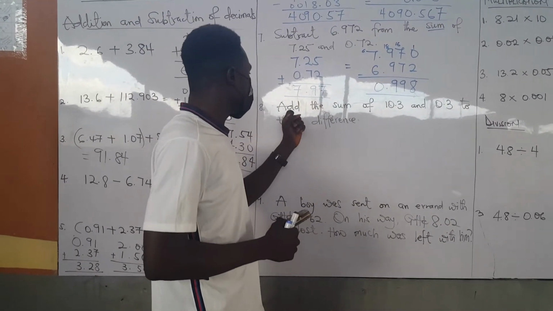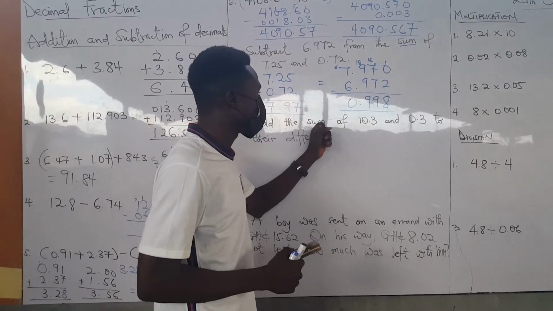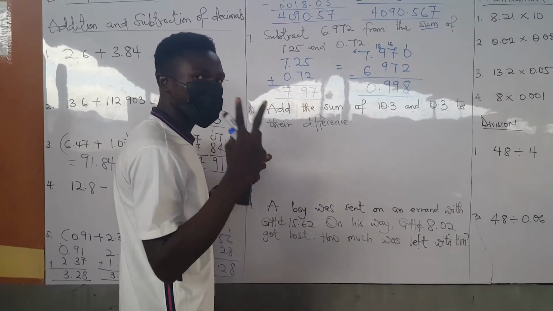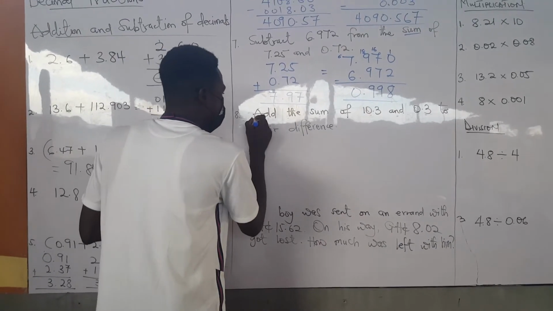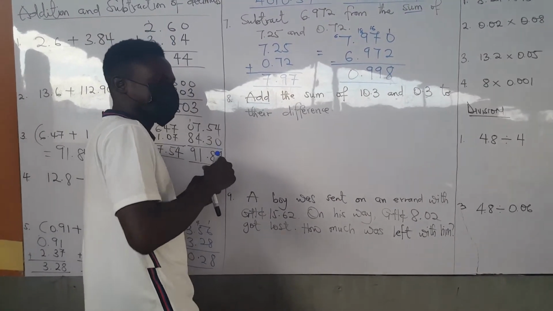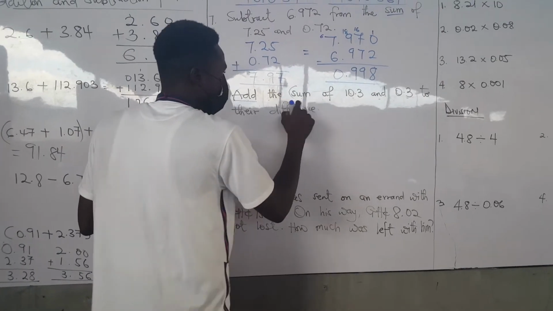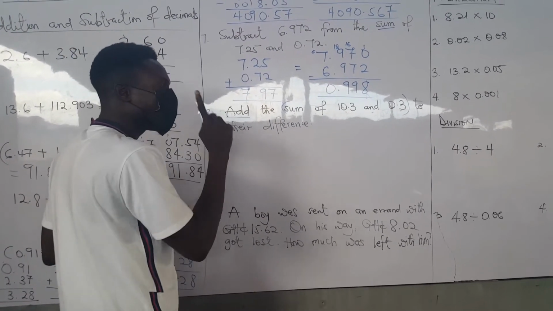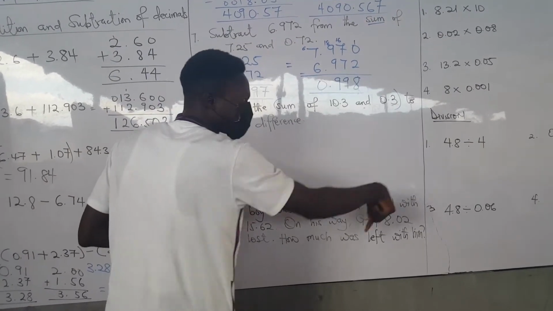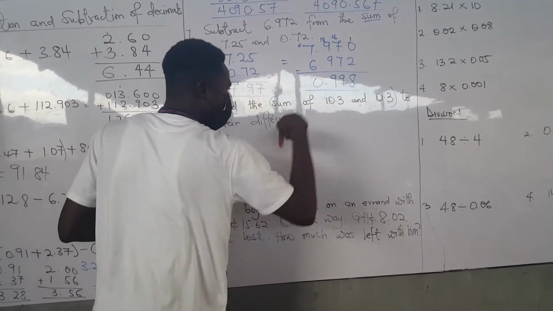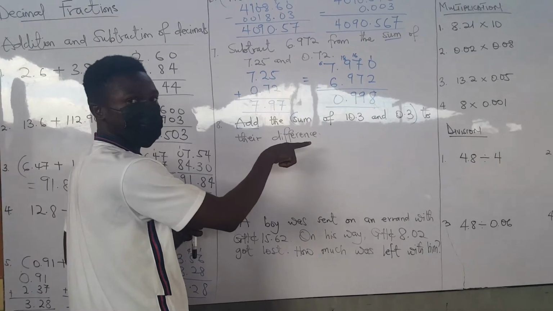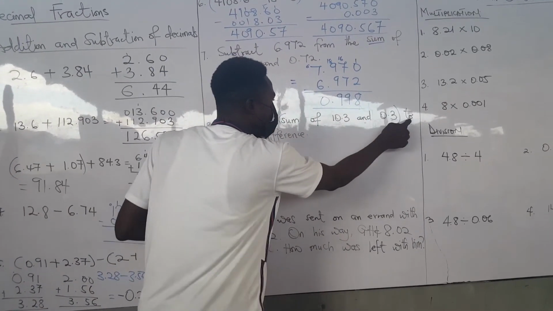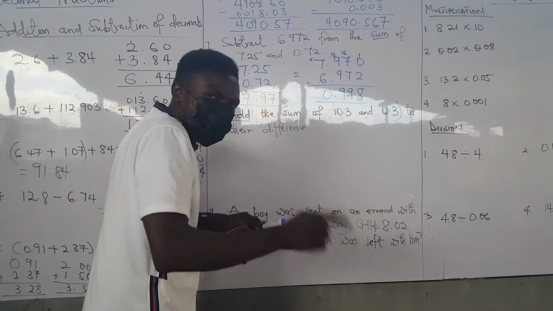It says that add the sum of this and this. We have two additions here. Add the sum of this and this. So we have to find the sum of this and this, and also their difference, because the question is add the sum of this and this to their difference.